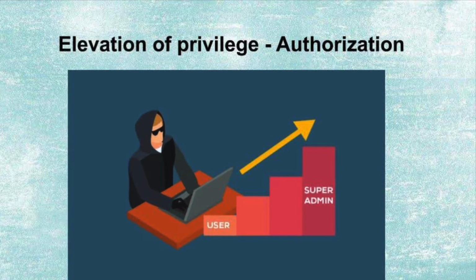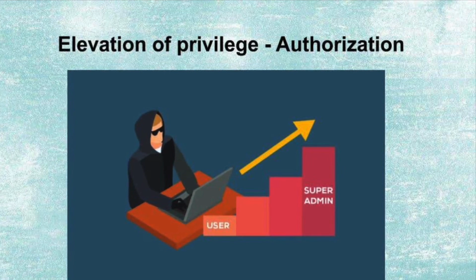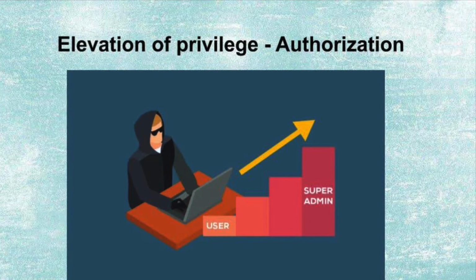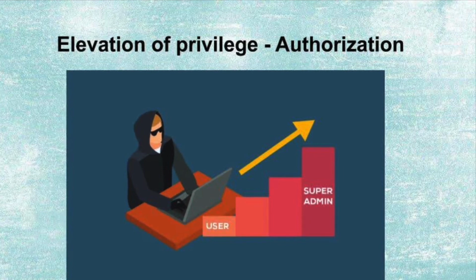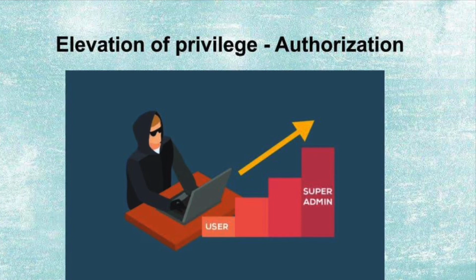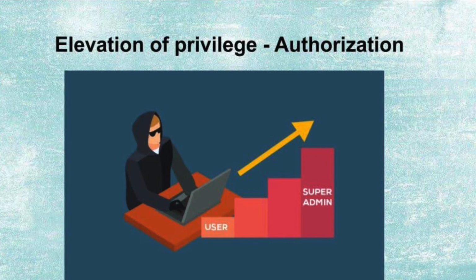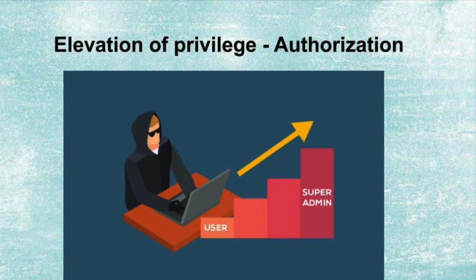One way to mitigate it is to have proper authorization and follow the least privilege principle. That is, you assign a user only access to the resources which are required by him and only the actions which are really required to be performed by that user.